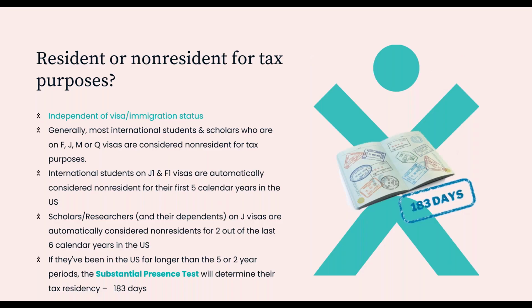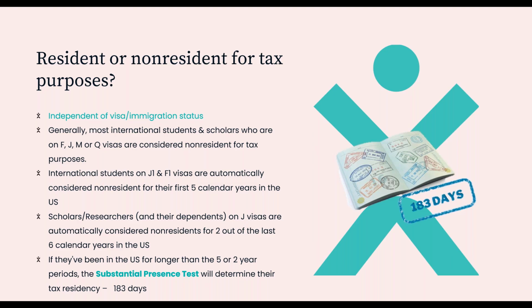One of the first things that we always look at when we're looking at non-resident taxes is residency for tax purposes. It's important to mention that residency for tax purposes is independent of your visa or immigration status. Although you may be non-resident on your immigration status, you could actually be resident for tax purposes, because when it comes to resident versus non-resident for tax, it's all based on the number of days you've actually spent in the US.